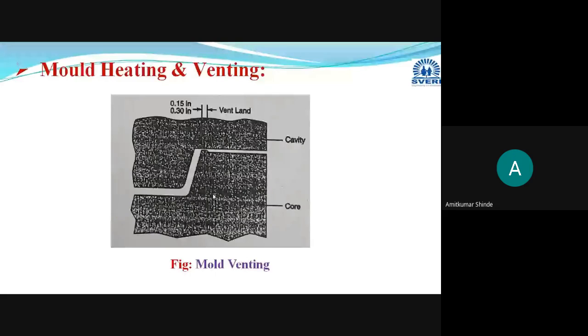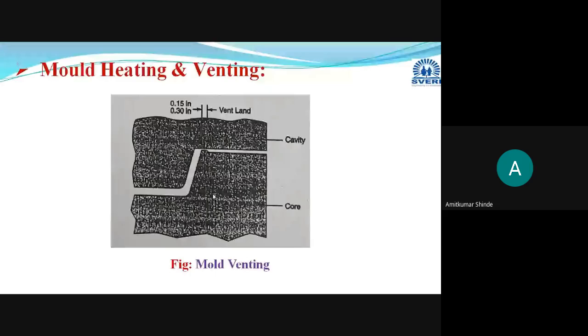So this is the purpose of providing the mold vents or mold venting. I will repeat it. Whenever we are doing the molding process, it may be compression molding or transfer molding, we are applying pressure as well as heat on the plastic material, our preform or charge. Then due to the high pressure and higher temperature, what will happen?